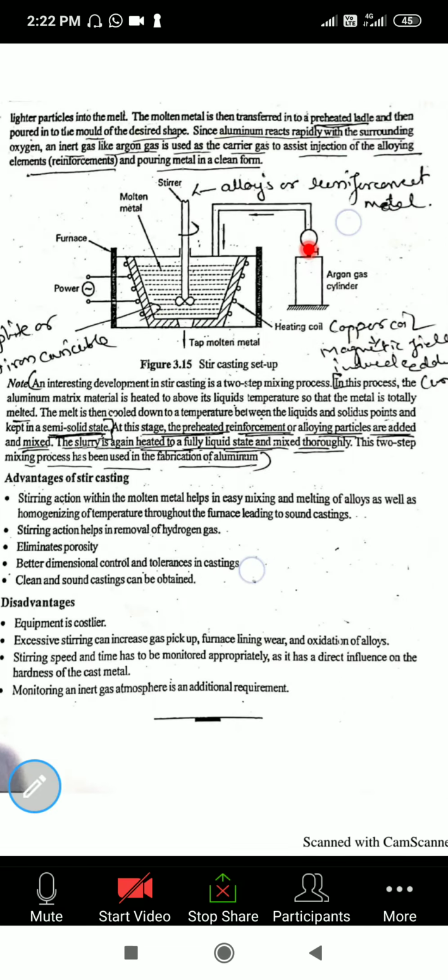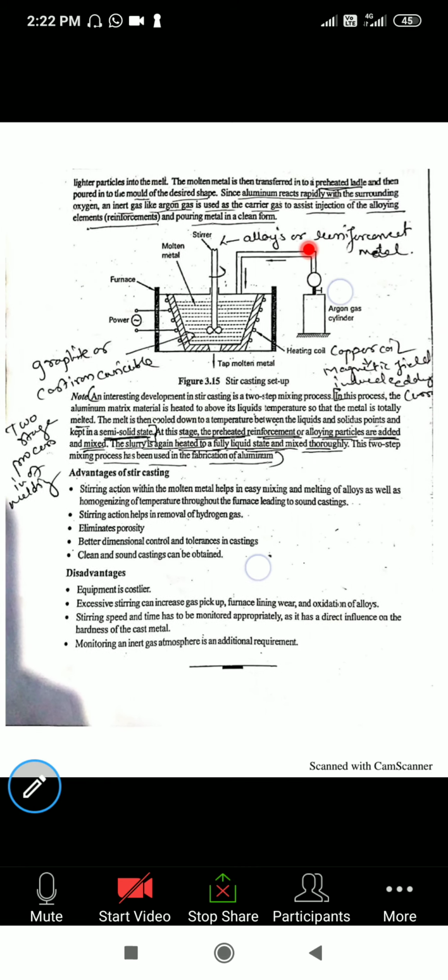You can see here a simple diagram for the stirring of a casting. Here there is a crucible which has a small hole at the bottom, from where the liquid molten metal is poured into the mold cavity, or into the ladle.